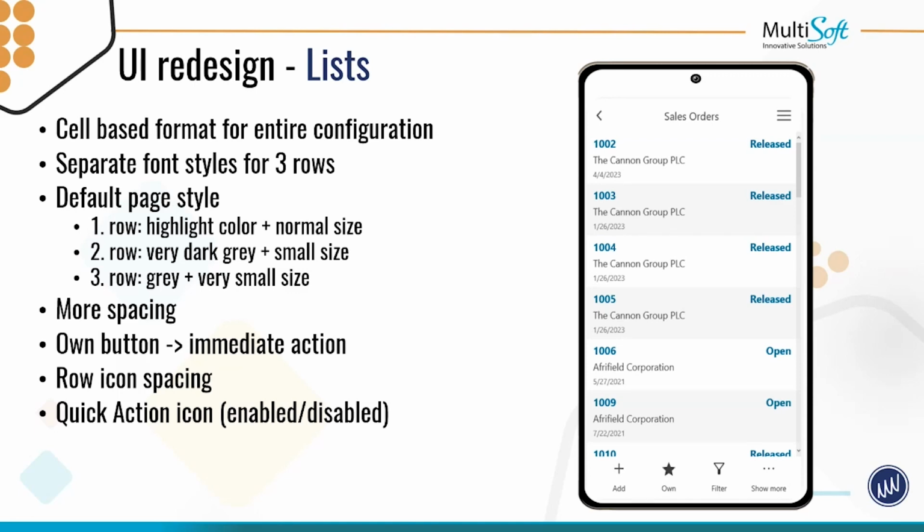And in the base configuration, we have created a quite good default page style, which basically defines these different cells. So the first row in the new list style, as you can see, is bluish. It's the highlight color with a normal size. The second row cells have a very dark gray and a little bit smaller font size.